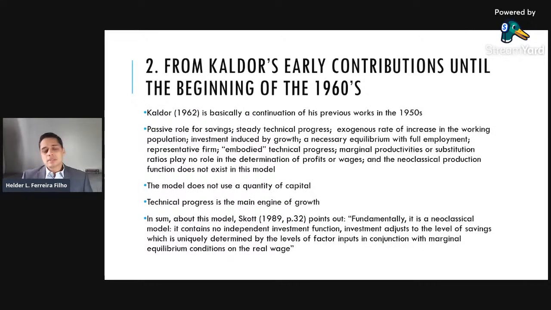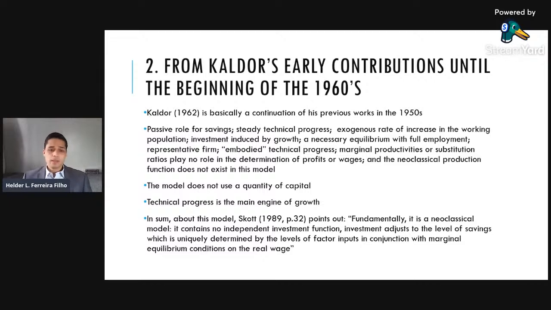Kaldor 62 is another paper that basically continues his previous works in the 50s. There are lots of assumptions like a passive role for savings, steady technical progress, exogenous rates of increase in the working population, and so on. There are neoclassical assumptions and there are not so neoclassical assumptions.